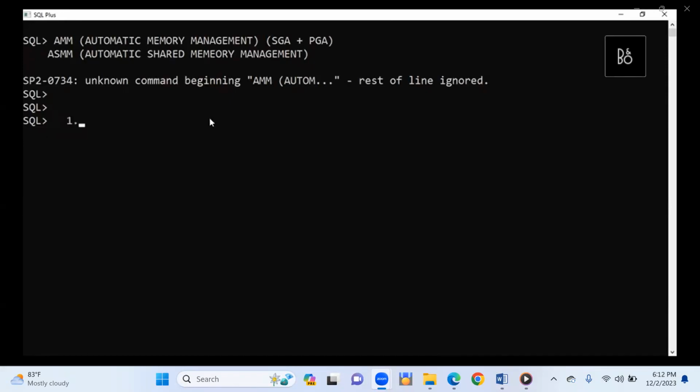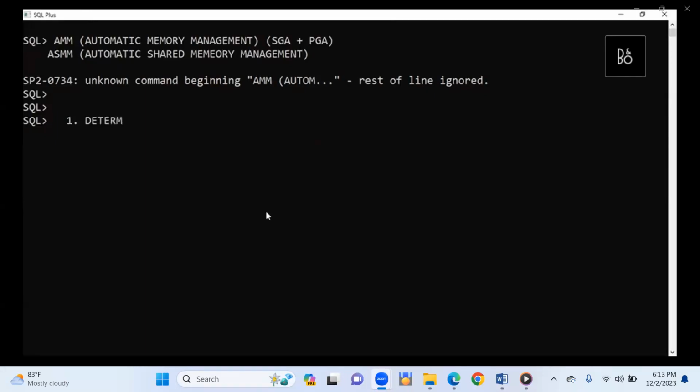Number one, I'm going to give you a procedure. The first step, probably as you write it, so that I do the practical part of it. First of all, we need to determine the total memory currently allocated to SGA.